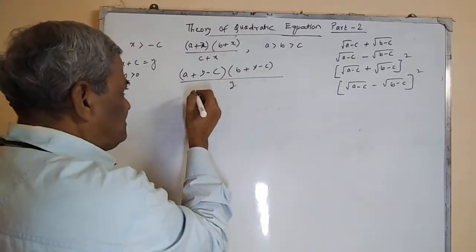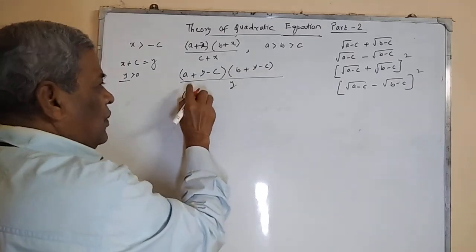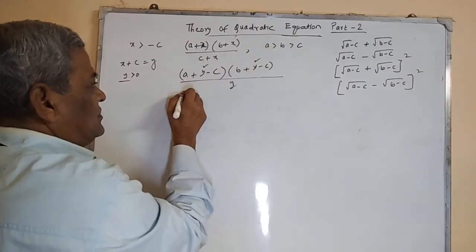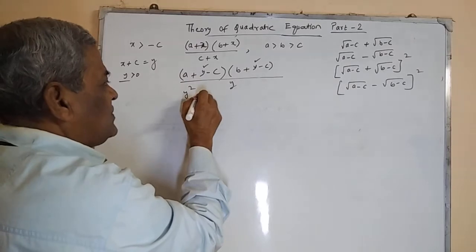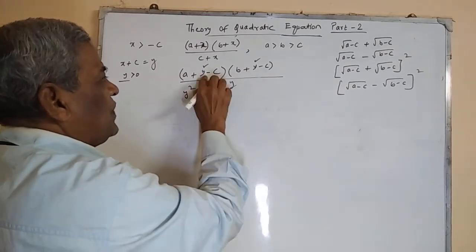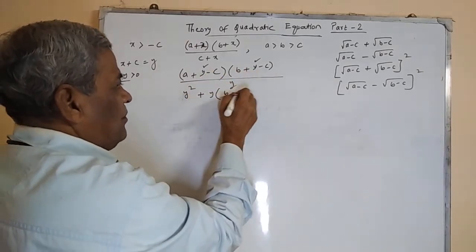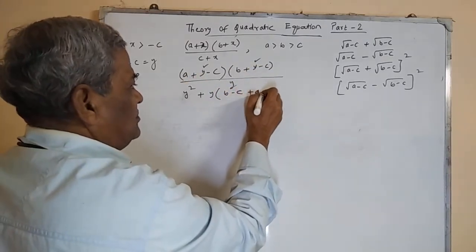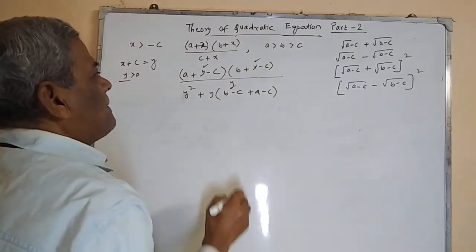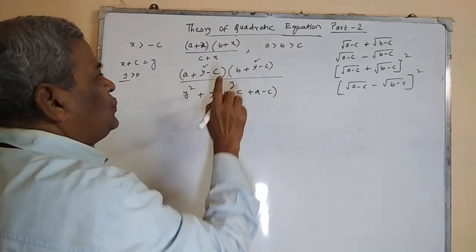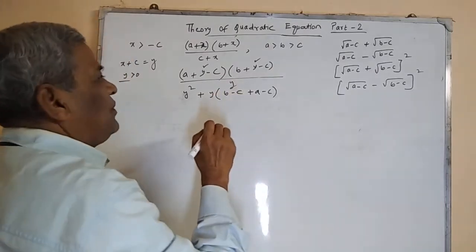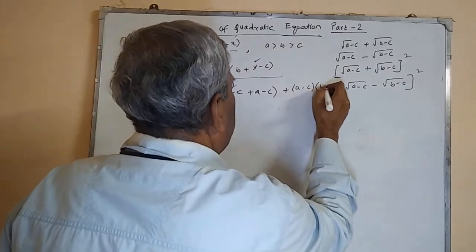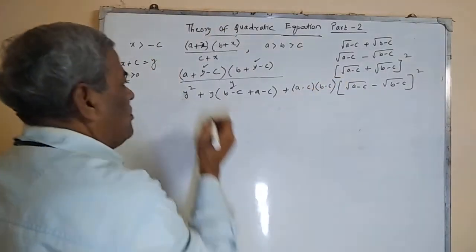So first of all, it is y square plus y into (b minus c) and y into (a minus c). Then the third term is plus (a minus c) into (b minus c) by y.